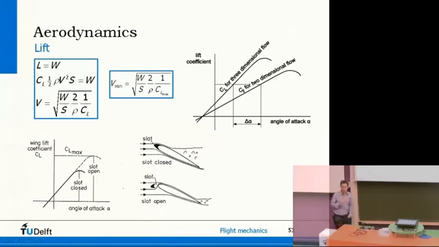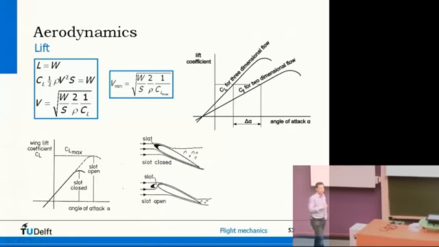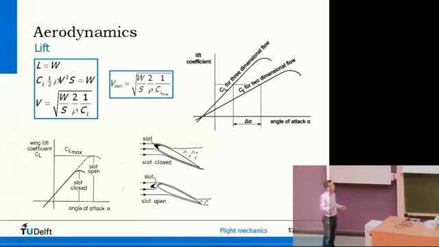In the usual scenario of flight, when you're just cruising, constant altitude, no accelerations and so on, then lift is equal to the weight. Therefore, C_L times half rho V squared S must be equal to the weight.